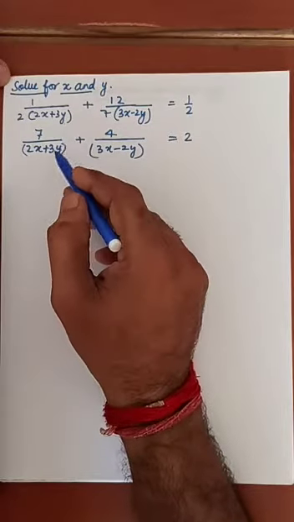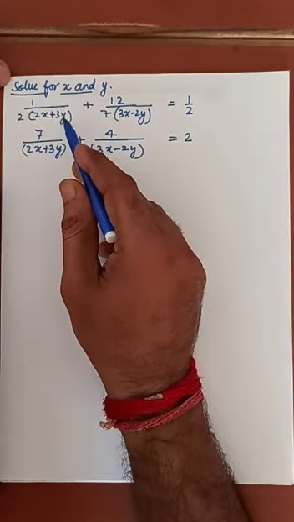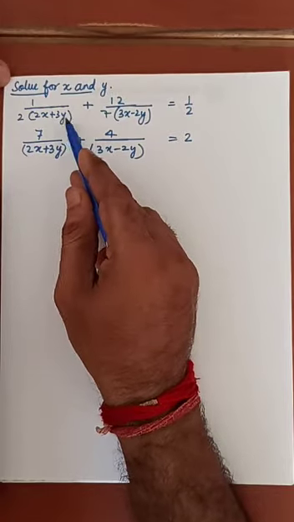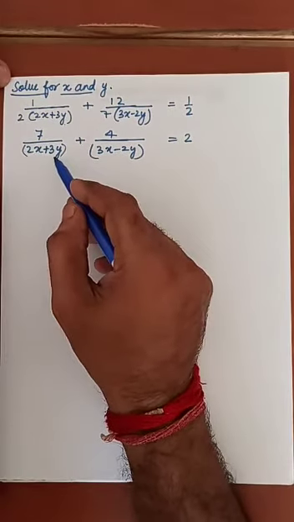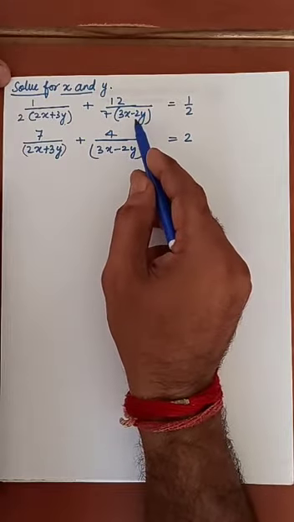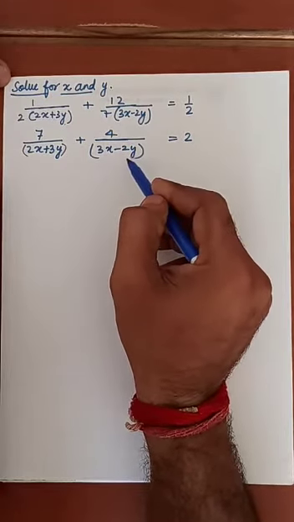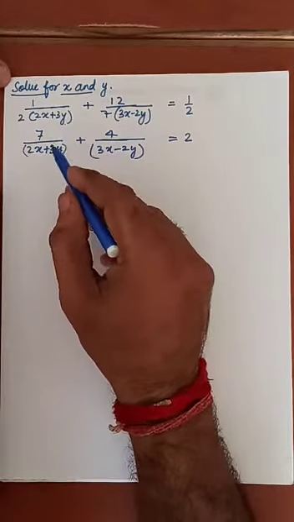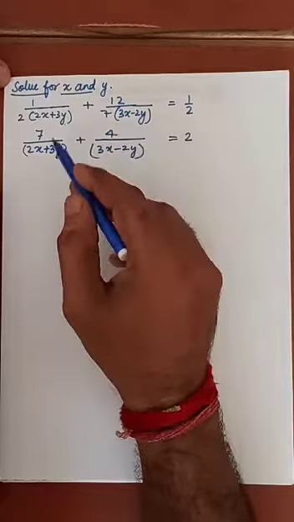Like here, if you are looking at these two equations, there is a common thing: 2x plus 3y in the first equation as well as 2x plus 3y in the second equation. 3x minus 2y in the first equation, 3x minus 2y is also given in the second equation. So these are common terms in both the equations.